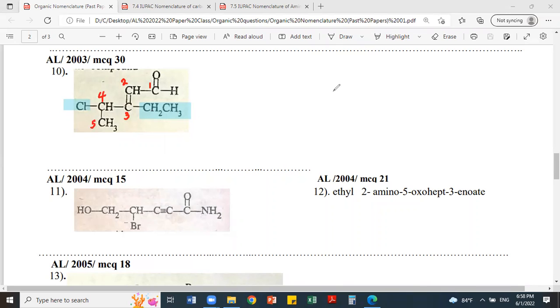When you write the name, what should come first according to alphabetical order? 4 chloro, 3 ethyl. 4 chloro, 3 ethyl, pent. There are 5 carbons, so no need for a dash here. Pent, 5 enal.